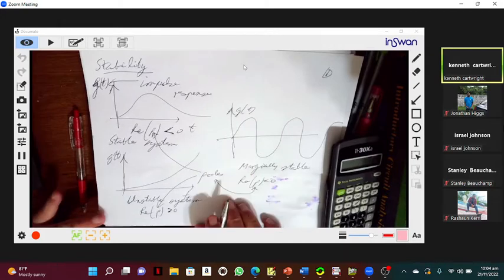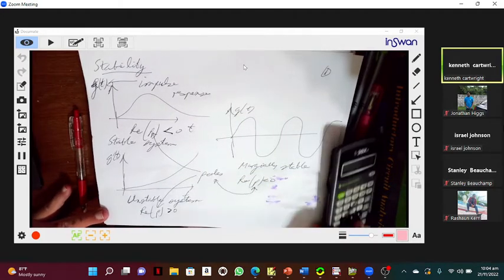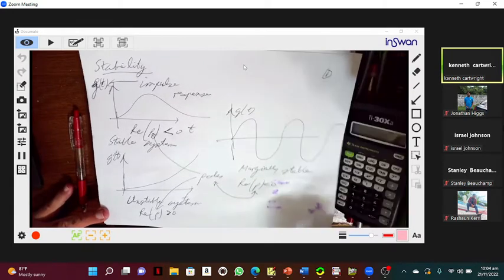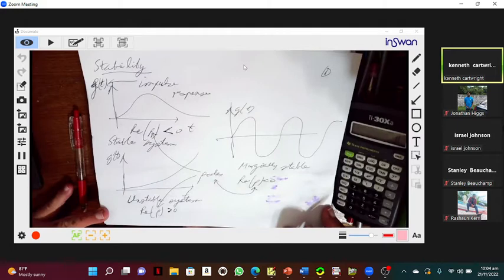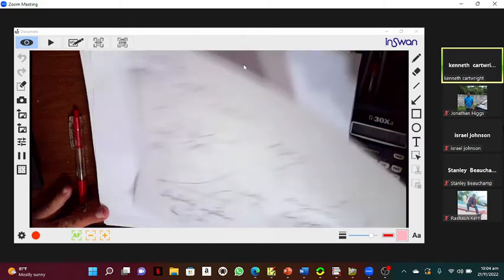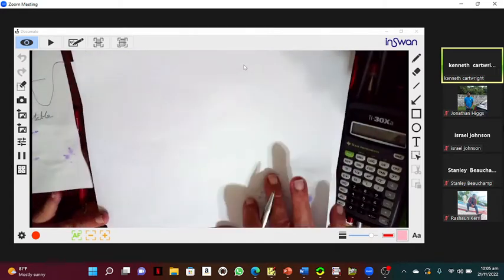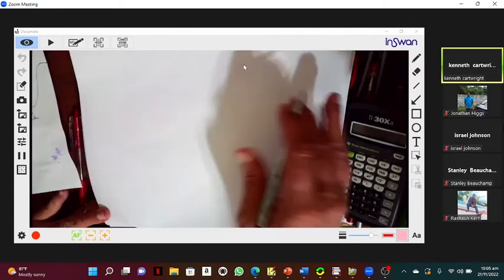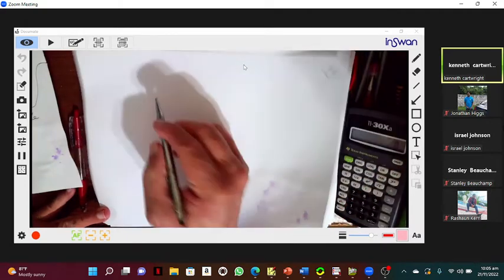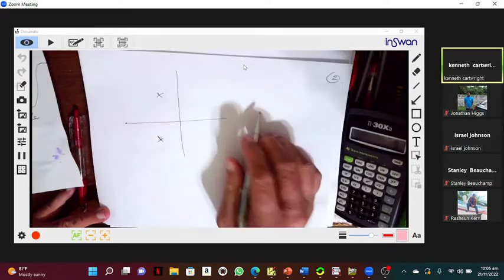Okay. Another way of saying the same thing, remember our pole-zero diagram?